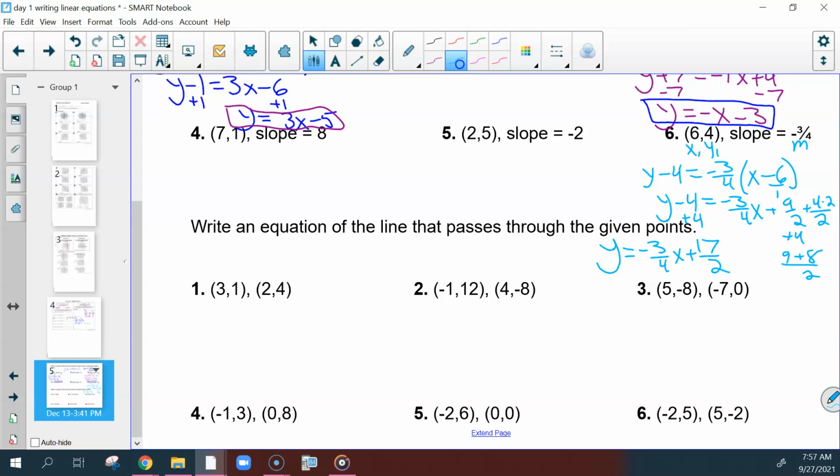All I did was get a common denominator for the 4 so that I could add it to the 9/2, which became 8/2, and 8/2 plus 9/2 is 17/2. And if you're not sure how to add the fractions on your calculator, we'll show you.